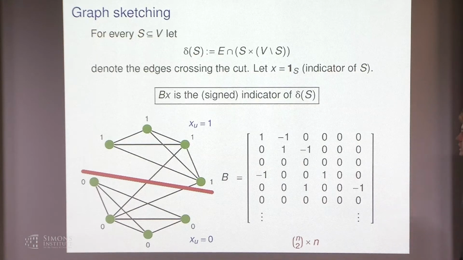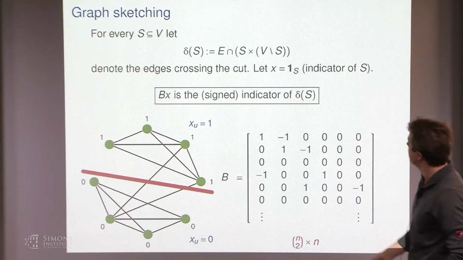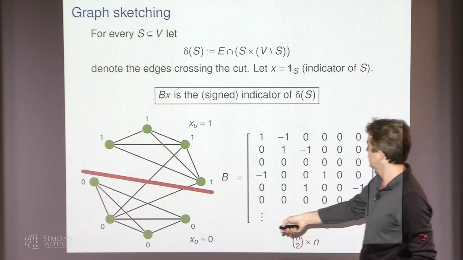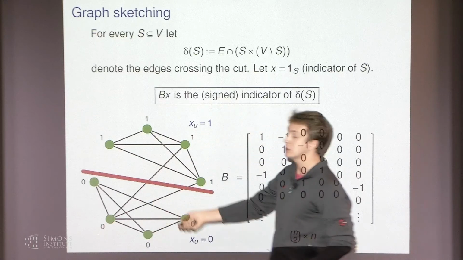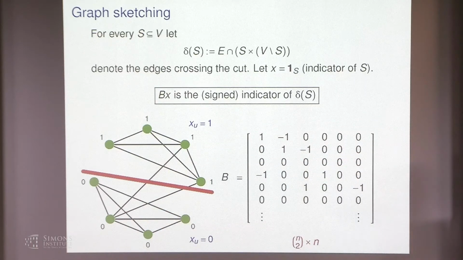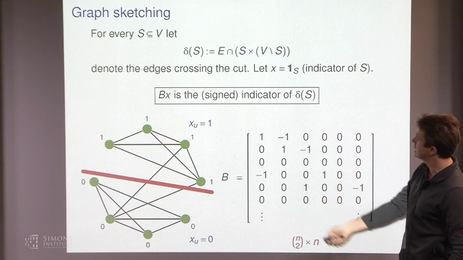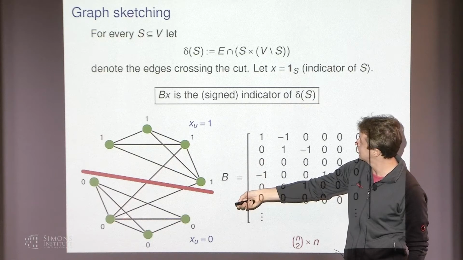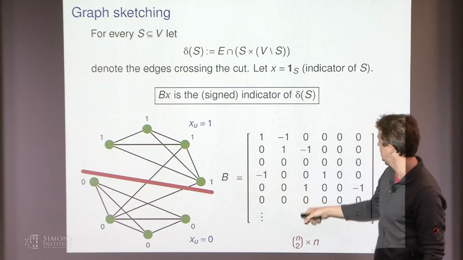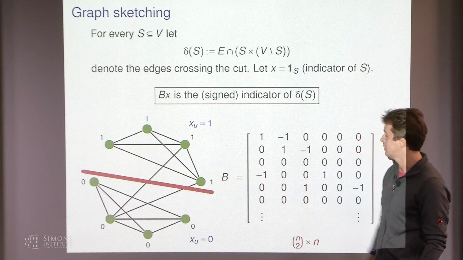Well, the nice observation that underlies graph sketching primitives is that B times x is the signed indicator vector of the cut delta of S. Indeed, if I pick an edge, say this edge here, that crosses the cut, then what is B times x? I'm right multiplying the matrix B by x. B times x will be a 1 times one of the endpoints, plus 0 times the other endpoint.